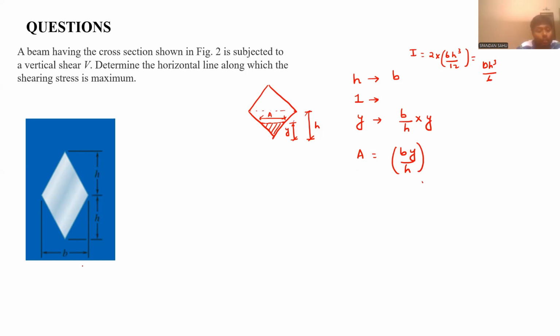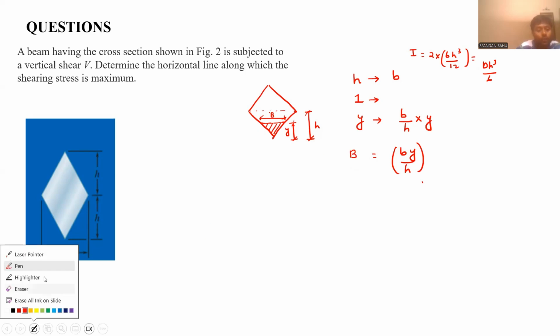Let us change this A also, because A we have to represent for area. Let this be B. So this became B. Okay.